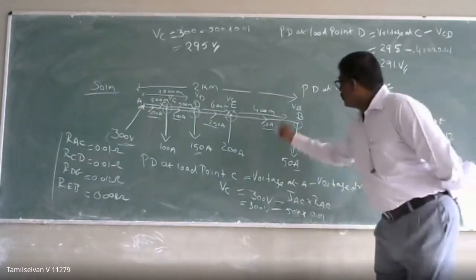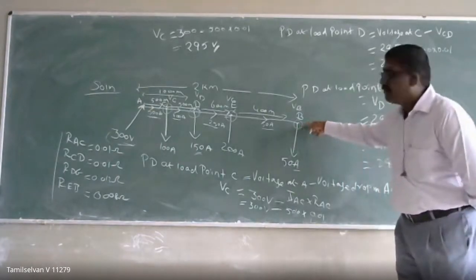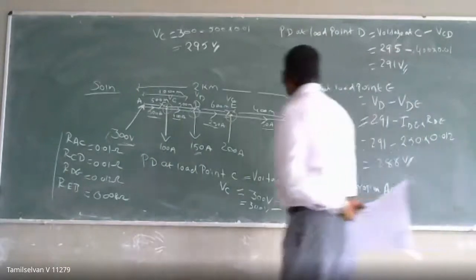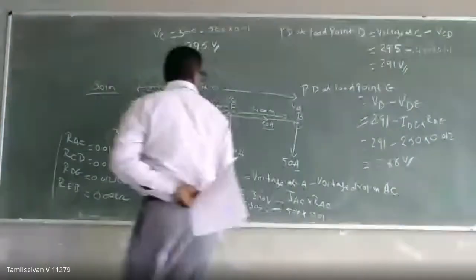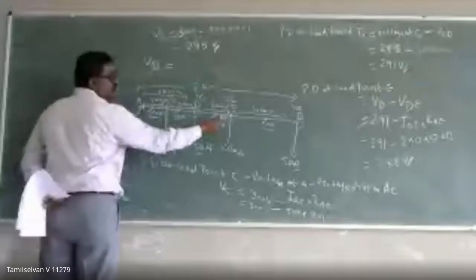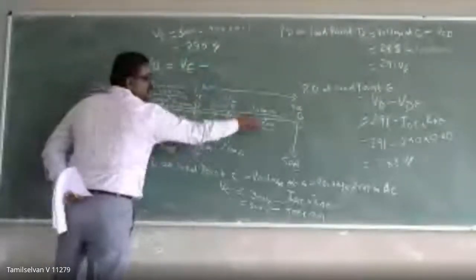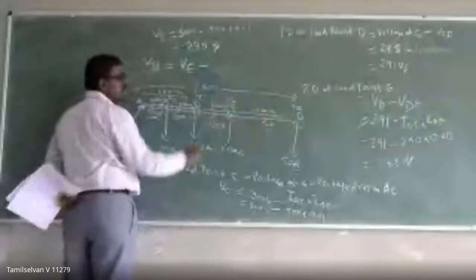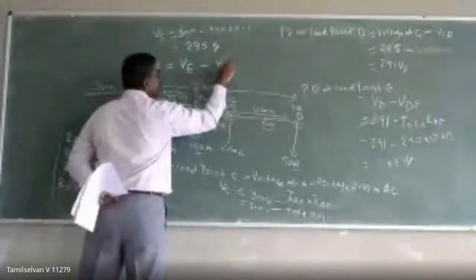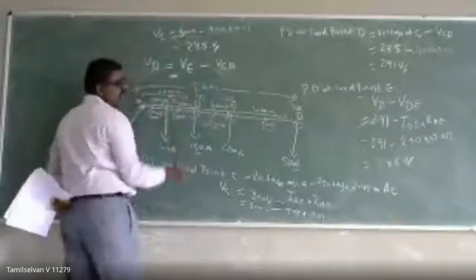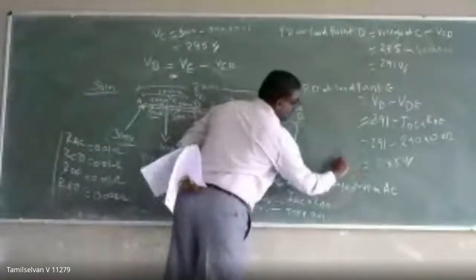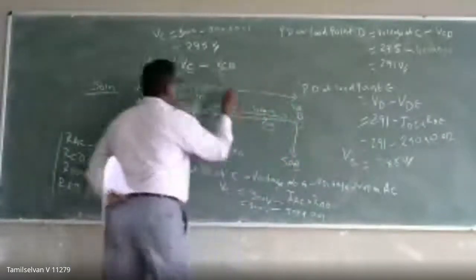Okay. So next, you have to calculate the potential at your B point, VB. VB is equal to VE minus the drop in the section EB. The VE voltage is 288.